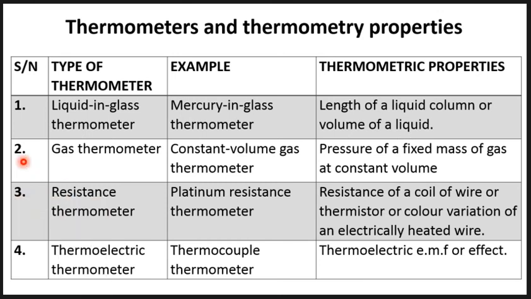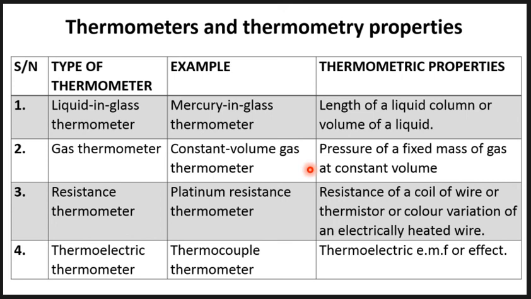Then number 2 is the gas thermometer. That's a very good example of a gas thermometer, and its thermometric property is the pressure of a fixed mass of gas at constant volume.